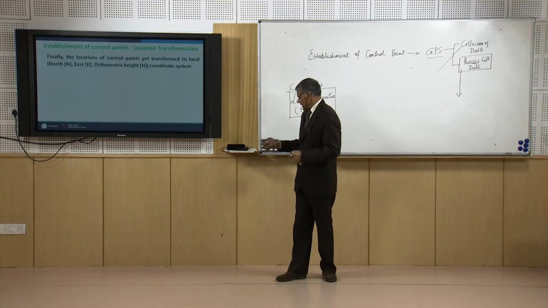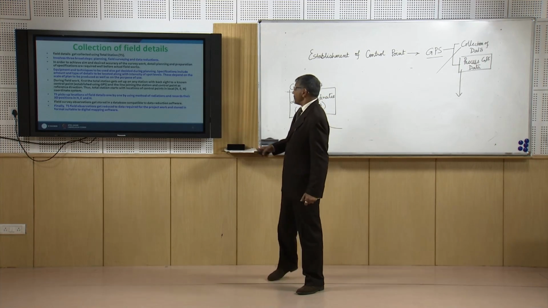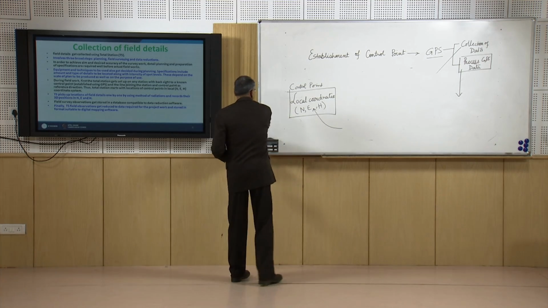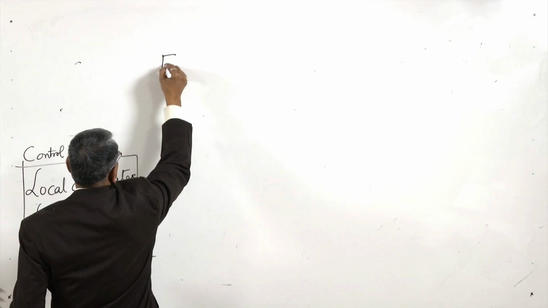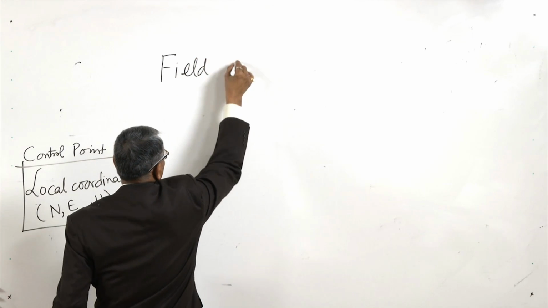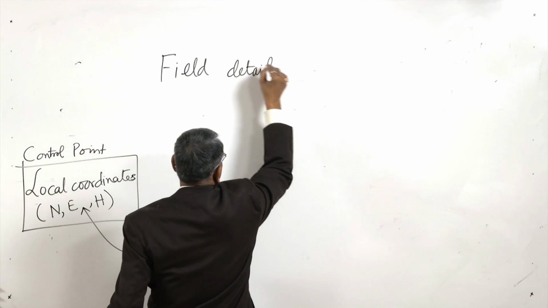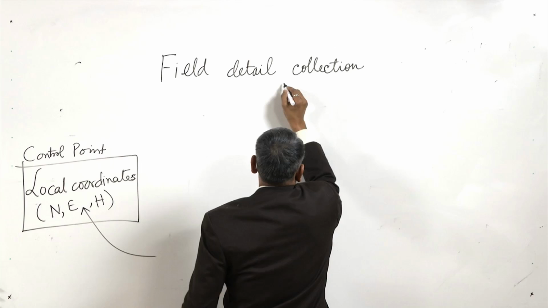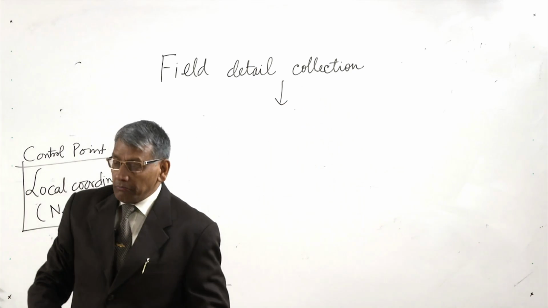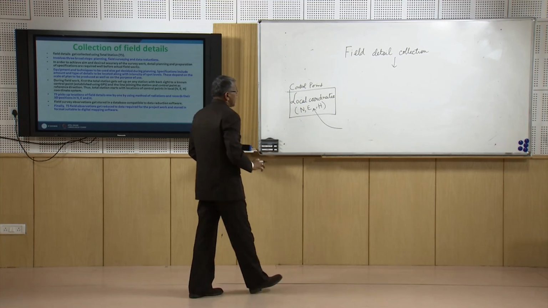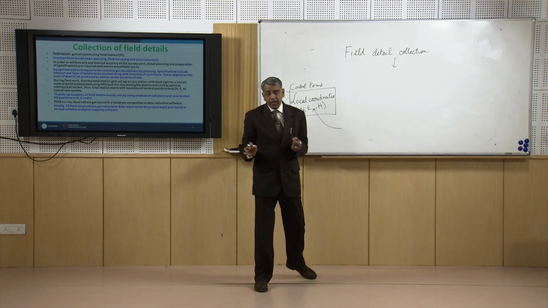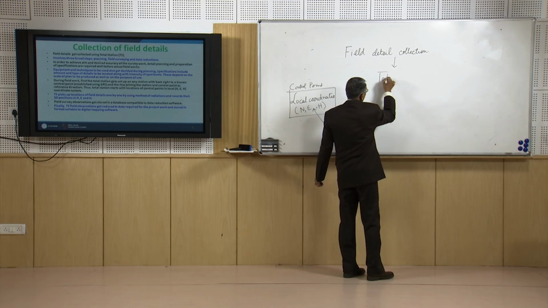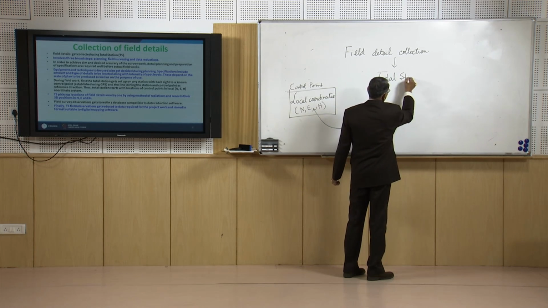Once this is available, then we will go for collection of field details. Field detail collection in digital land surveying is done by making use of a total station.